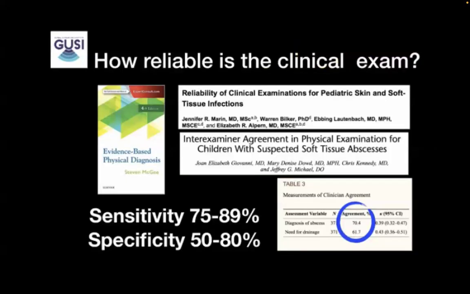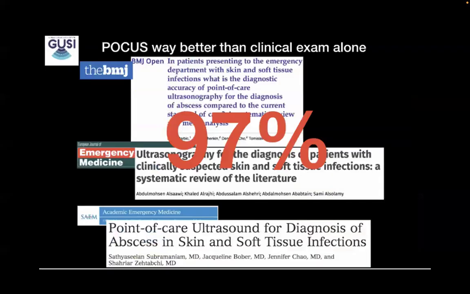Of course, the clinical exam is the most important. However, it is not perfect, and as you can see, the sensitivities and specificities are also not perfect. When you look at the literature, using POCUS with clinical exam is way better than the clinical exam alone.